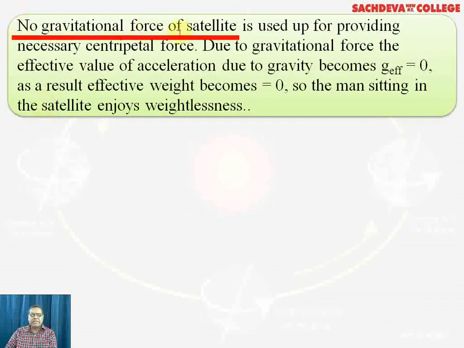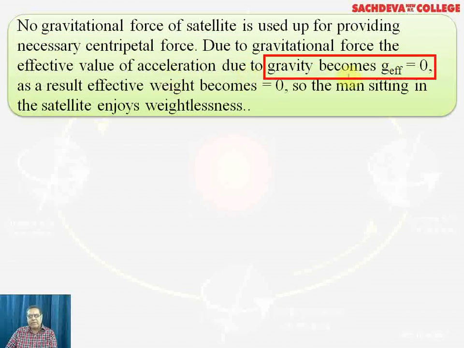No gravitational force of the satellite is used up for providing the necessary centripetal force. Due to gravitational force, the effective value of acceleration due to gravity will become zero. As a result, effective weight becomes zero, so the person sitting in the satellite will enjoy weightlessness.